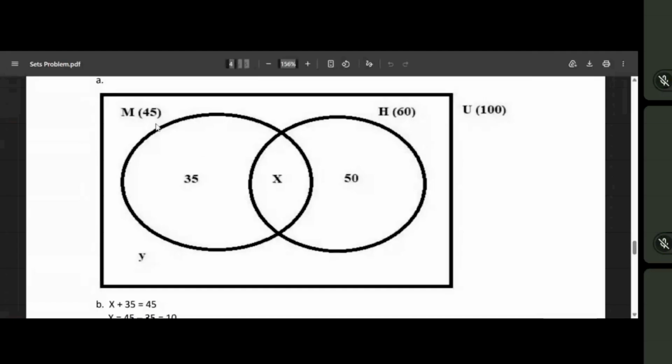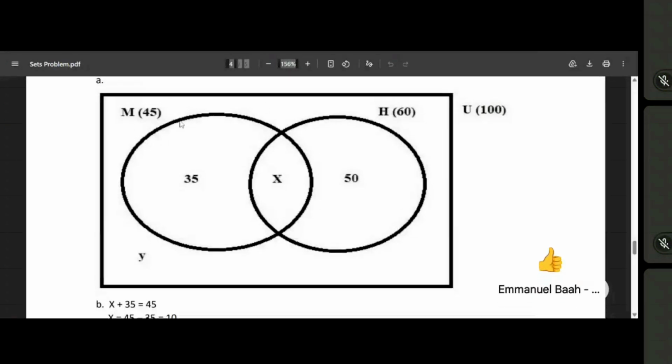You can, however, take the 45. Once you take the 45, it means you are not going to use the 60. You will rather use 50. You are just saying that 35 plus x equals 45. So when you use the 45, you are not going to use the 60. You rather use what? The 50 and add the y.